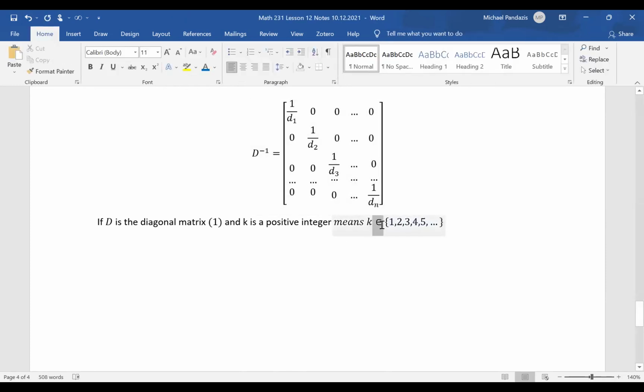So K is in that set. K is a positive integer, meaning K is 1 or K is 2 or K is 3 and so forth.